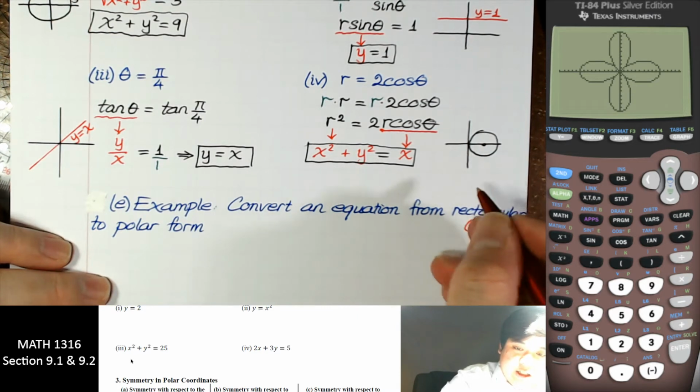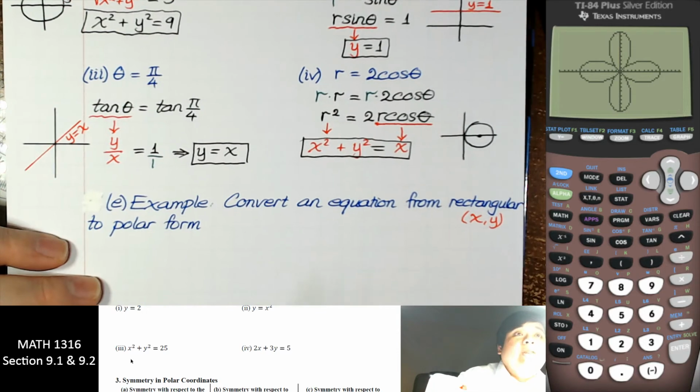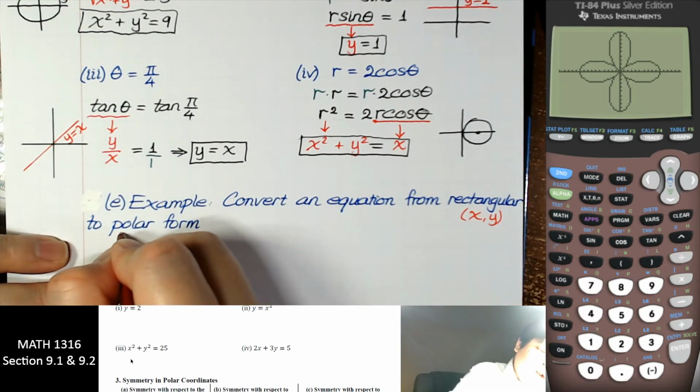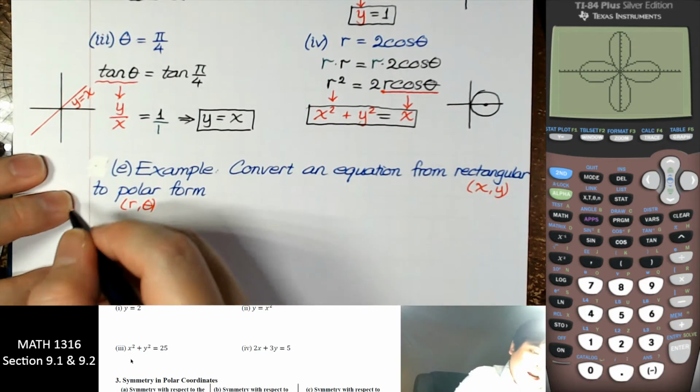Rectangular is x and y. So we are given x and y. We just need to change to polar, which is r and theta. Let me write out the problem first.